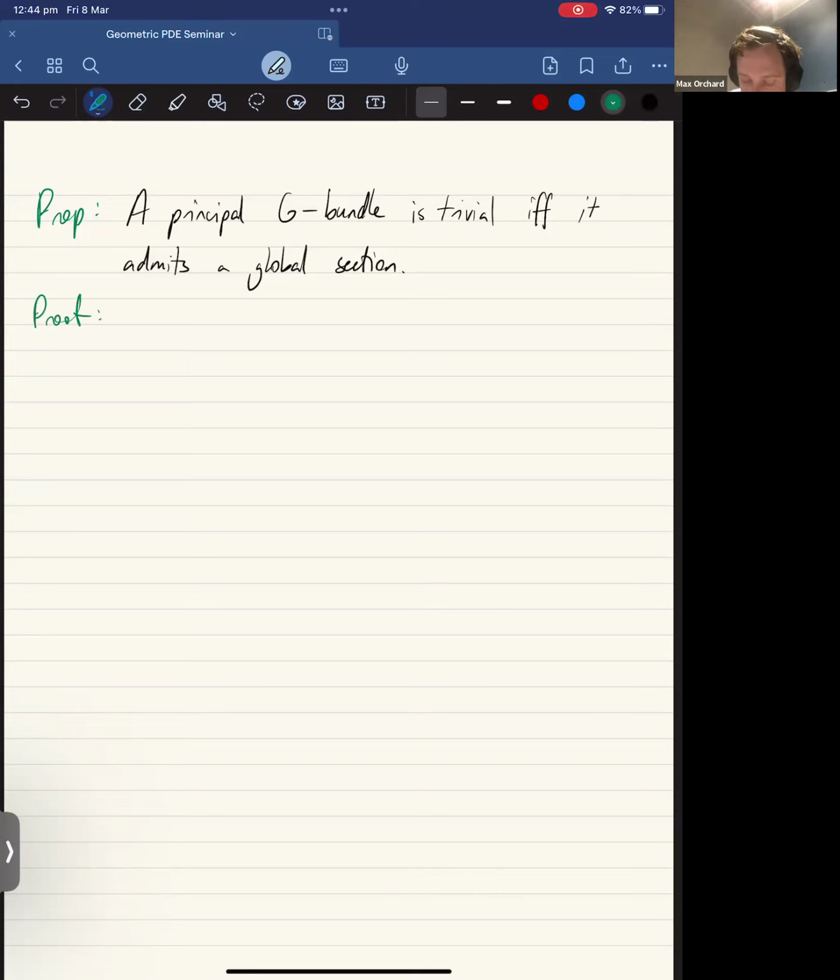Okay, so let's quickly verify this statement. So we'll define this to be a principal G bundle. And first, we're going to suppose that the bundle is trivial.